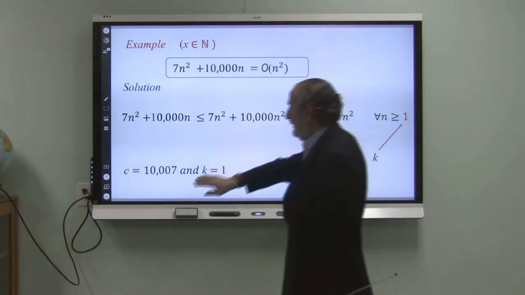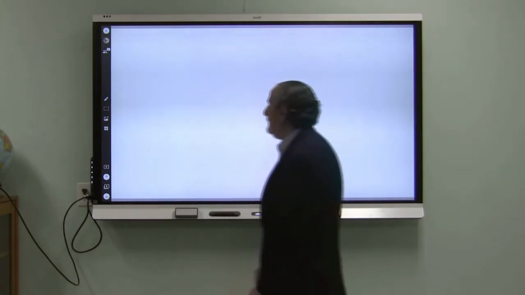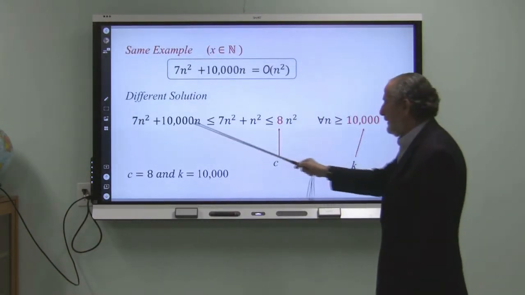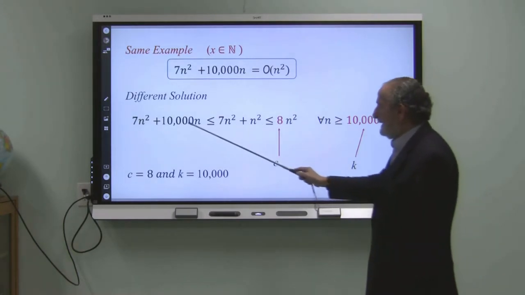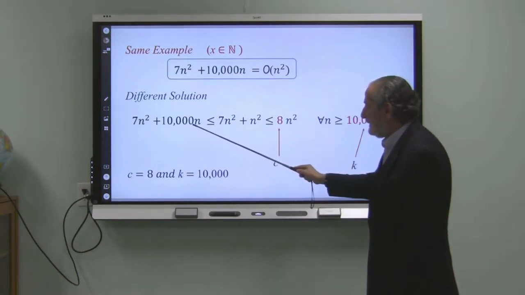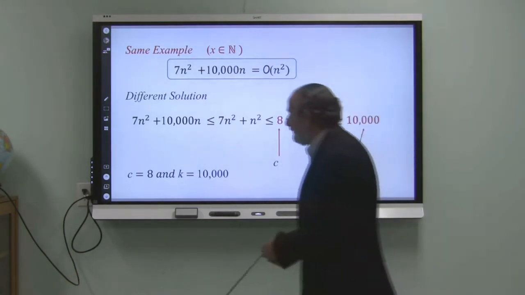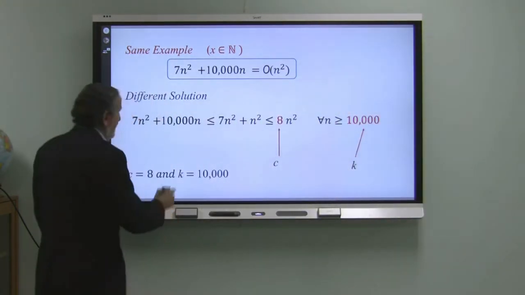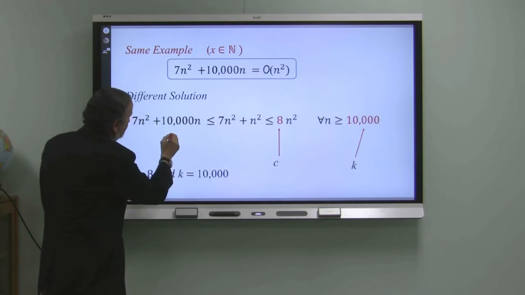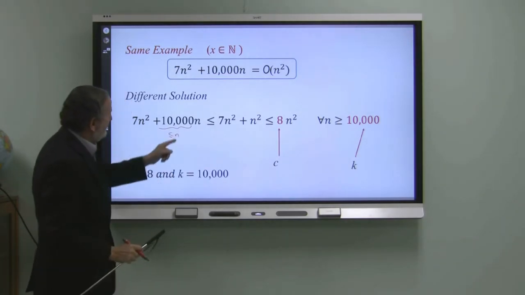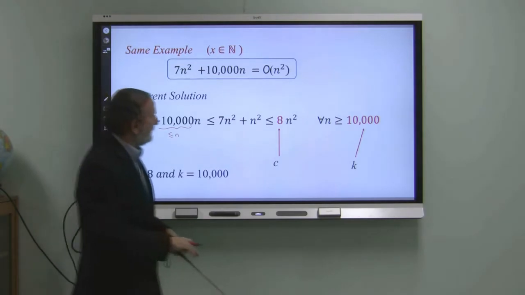Now this example, we're going to solve in a different way. The same example, but I'm going to say that this 10,000n is less than or equal to n squared, provided that n is greater than or equal to 10,000. If 10,000 is less than or equal to n, then when you multiply by n, it will be less than or equal to n squared.